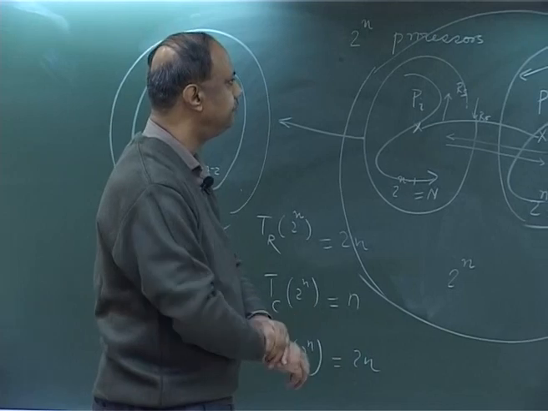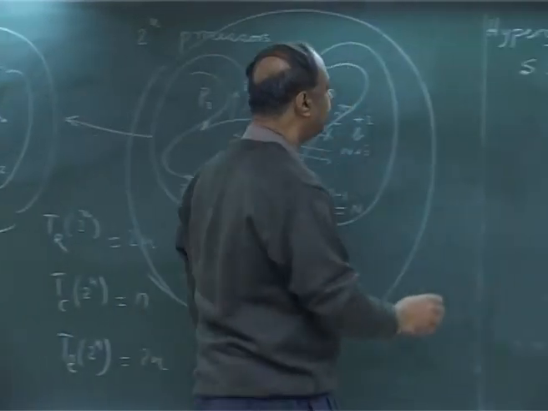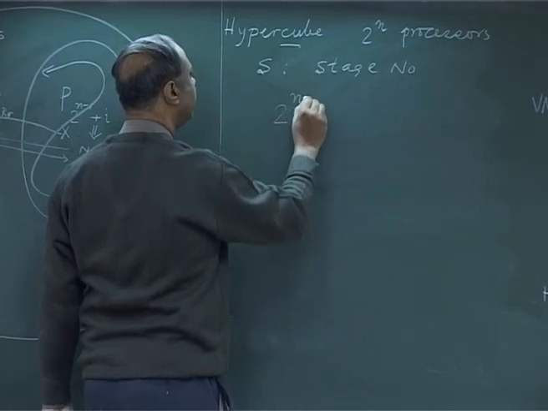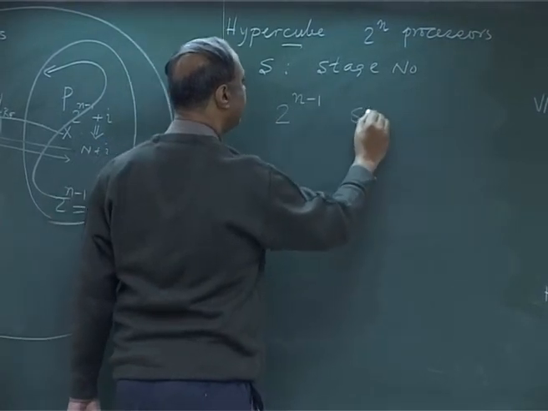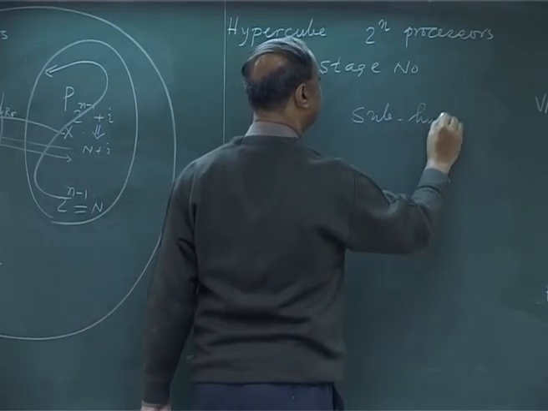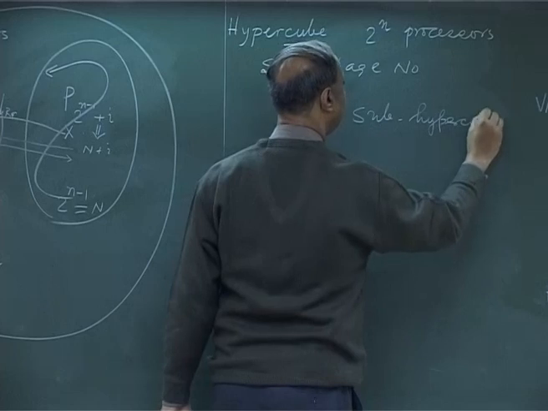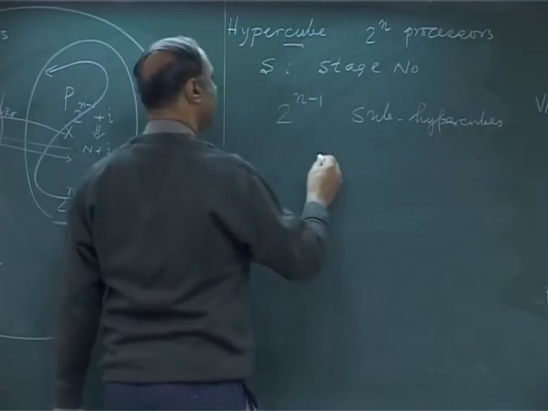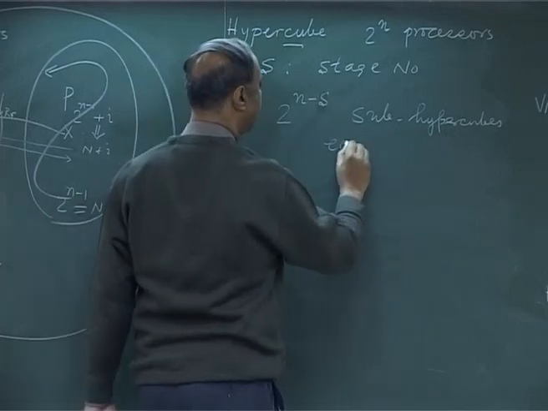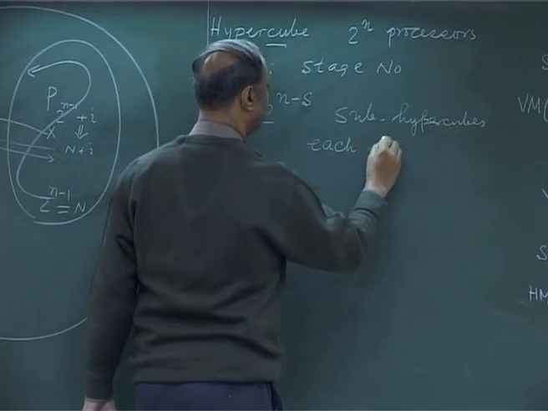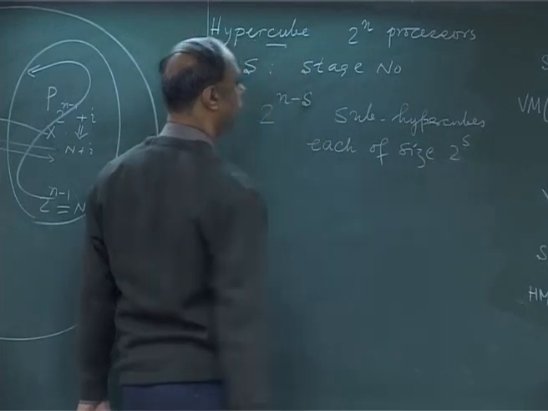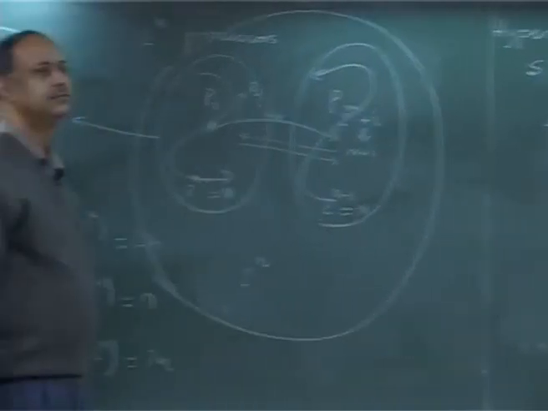Initially you assume that there are 2 to the power n sub hypercubes, each of size 2 to the power n, right.